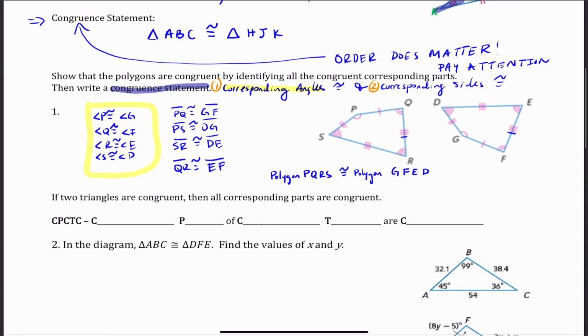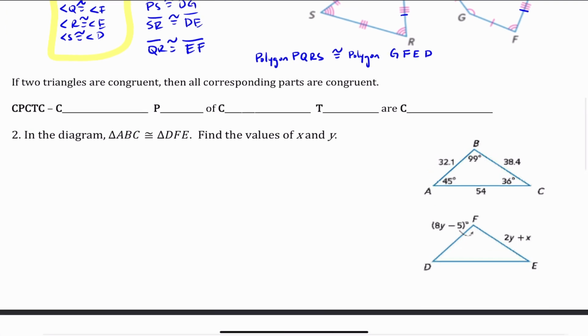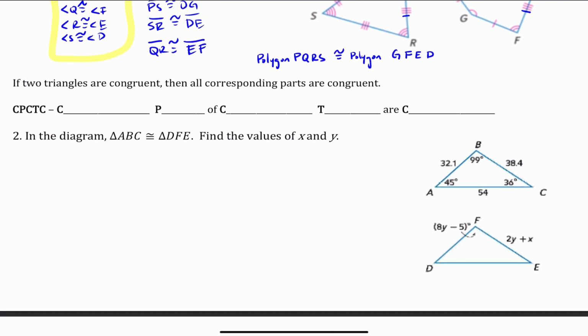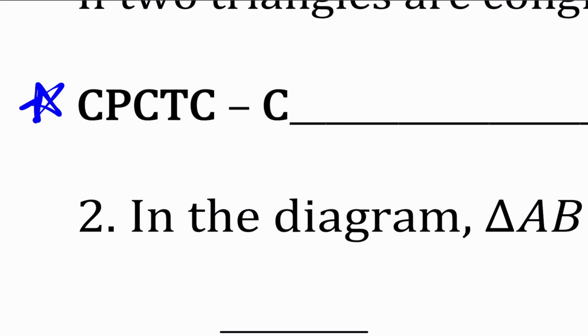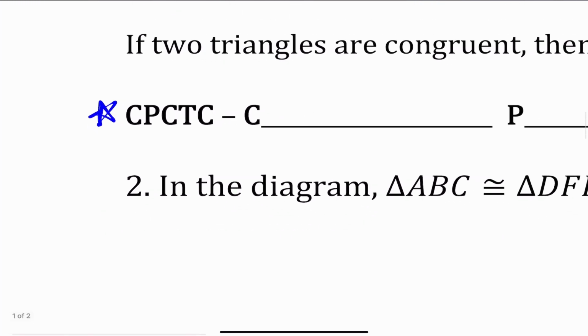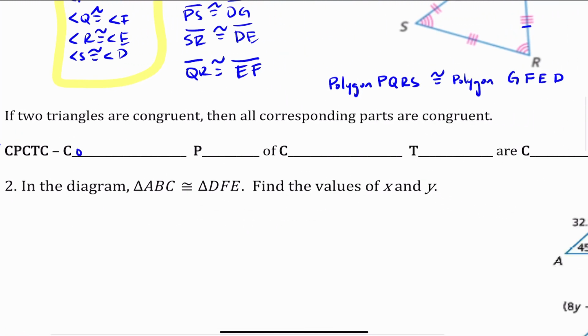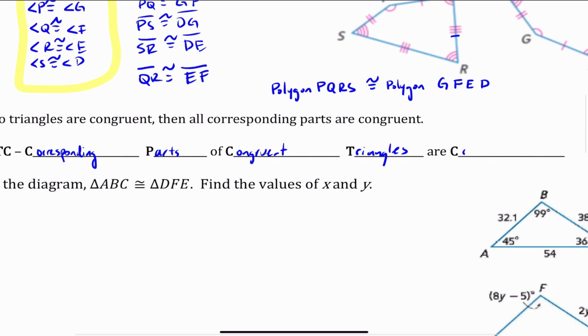Okay, so that's my congruency statement. If 2 triangles are congruent, then all the corresponding parts are congruent. And we have this, which is super important that you know, CPCTC, which means corresponding parts of congruent triangles are congruent.